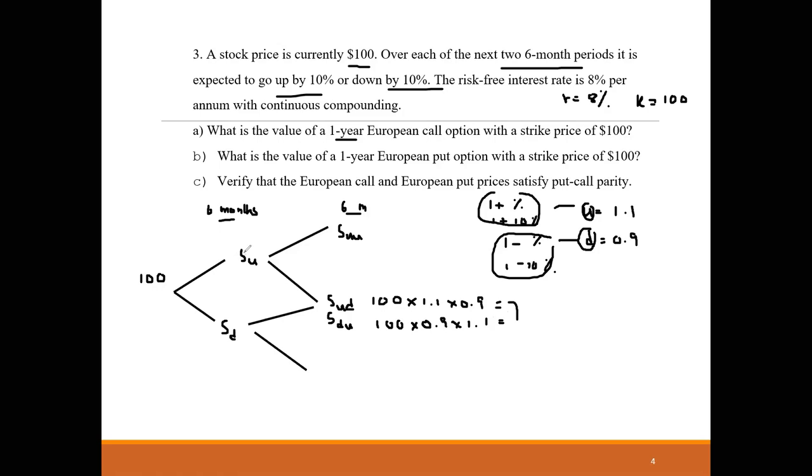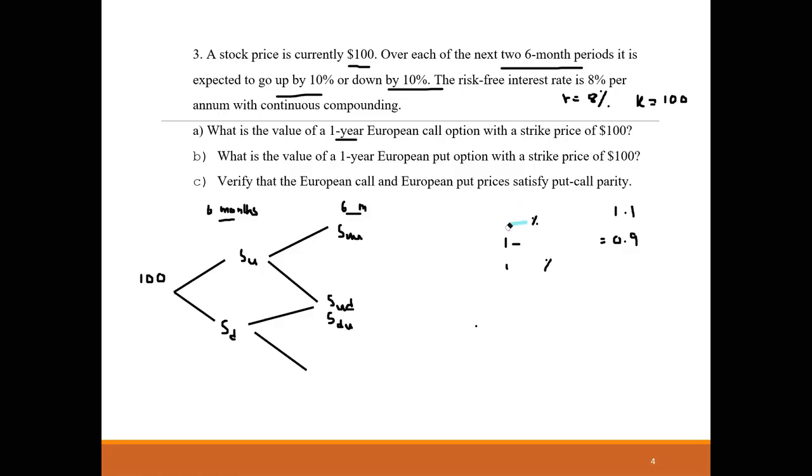So calculate the values of the stock price over here and develop the binomial tree. Then this would be SDD. It will go down twice. SU is how much? SU is 100 multiplied by 1.1, so here you will have 110.